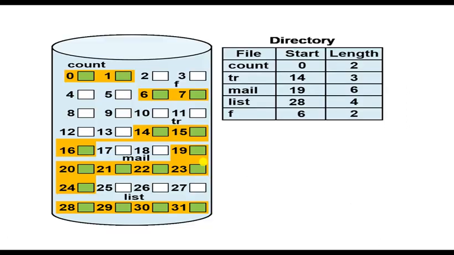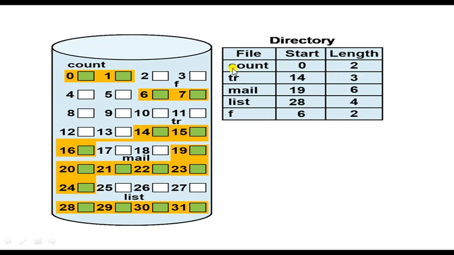And here you maintain one directory structure for identifying the content of the file. The directory structure has 3 fields. One stores the file name, another is the starting block number, and the next is the length of the file, meaning how many blocks it occupies.